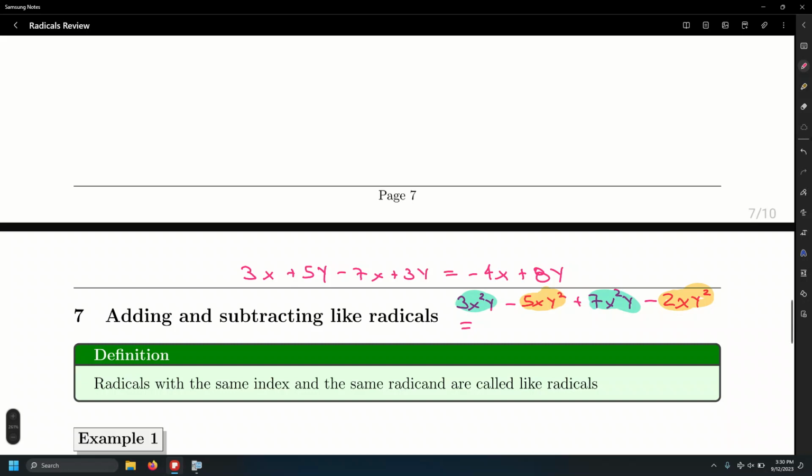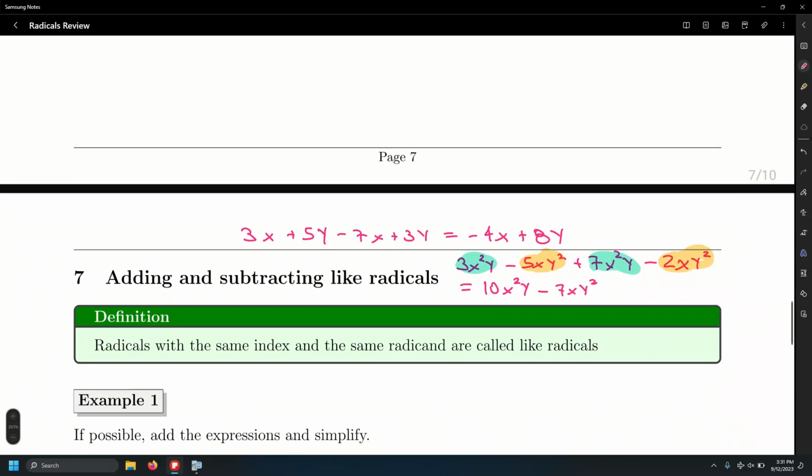So all we do is simply combine the coefficients. That's going to be 3 plus 7, that's 10x squared y, and negative 5 minus 2, minus 7xy squared. And that's the answer for combining those two. Again, like terms are terms that contain the same variables raised to the same powers.